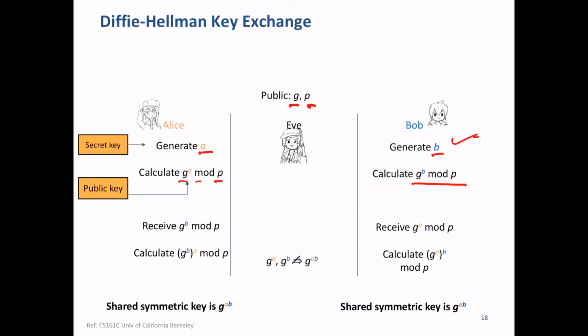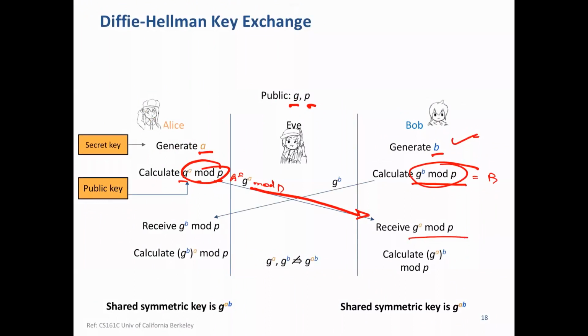Then g raised to the power A mod p is sent to Bob. Bob receives it, and Bob sends g raised to the power B mod p back.